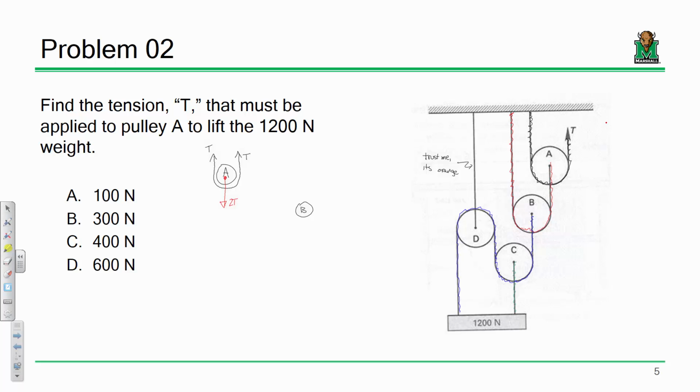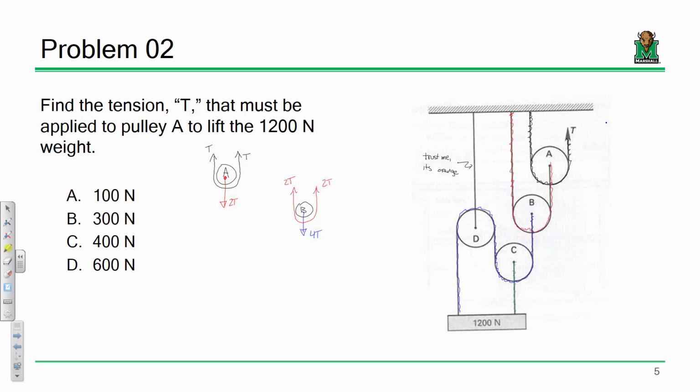Okay. So here's pulley B. Pulley B has the red rope wrapping around it, and the red rope is experiencing 2T, right? And so the blue rope goes down, that's what's being suspended off that, and so that's experiencing 4T.